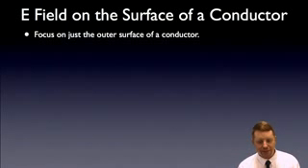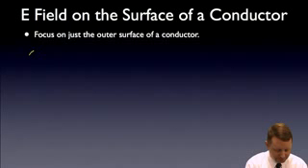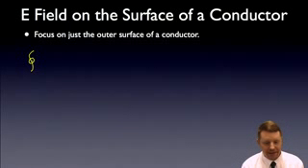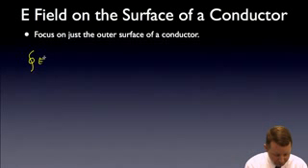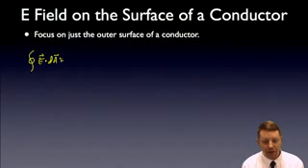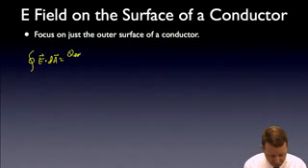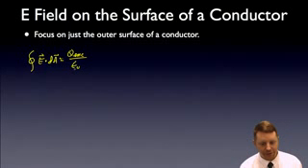Let's take a look at the electric field on the surface of a conductor. If we focus on just the outer surface of a conductor, we'll take a look at the integral over the closed surface of E dot dA, Gauss's law, which we know must be the total enclosed charge divided by the permittivity of free space, epsilon 0.